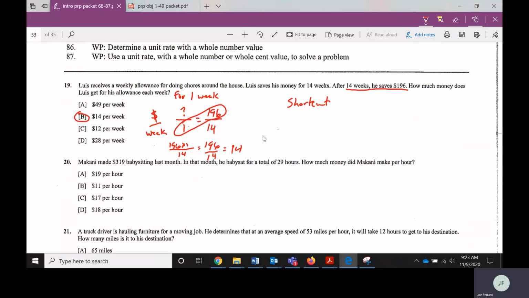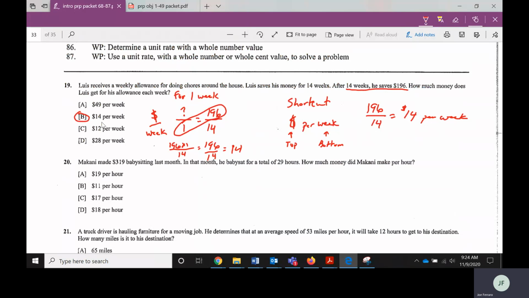So the shortcut: in this case we are looking for money per week. Money goes on the top, weeks on the bottom, and you just divide. We just take $196 in 14 weeks, you divide and you get your 14 per week.